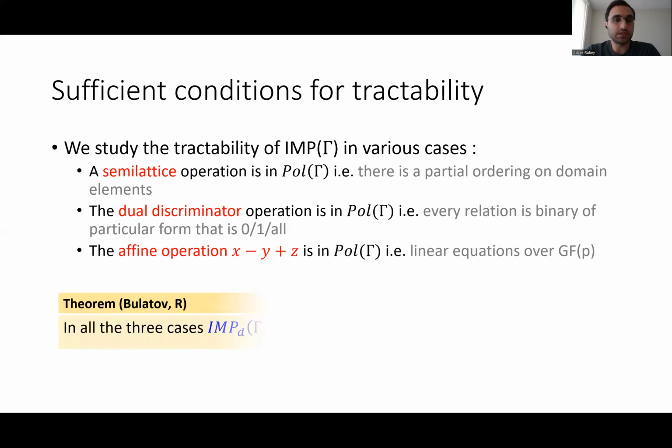And also in the affine case, it's known that every instance can be expressed as a linear equation over GF(p). We prove that in all these cases, IMP_d is polynomial-time solvable. What I'm saying here is only about the decision version, and we will talk about how to find a proof of membership.